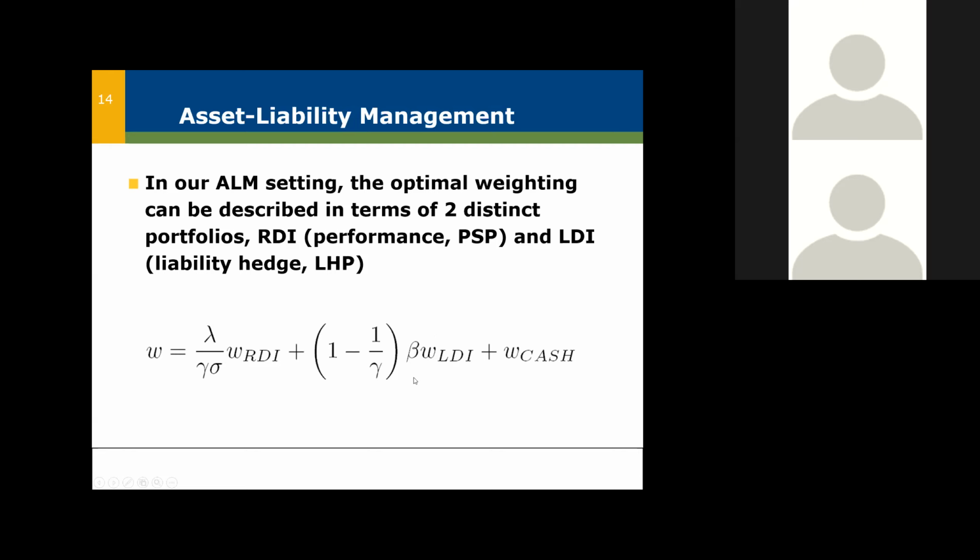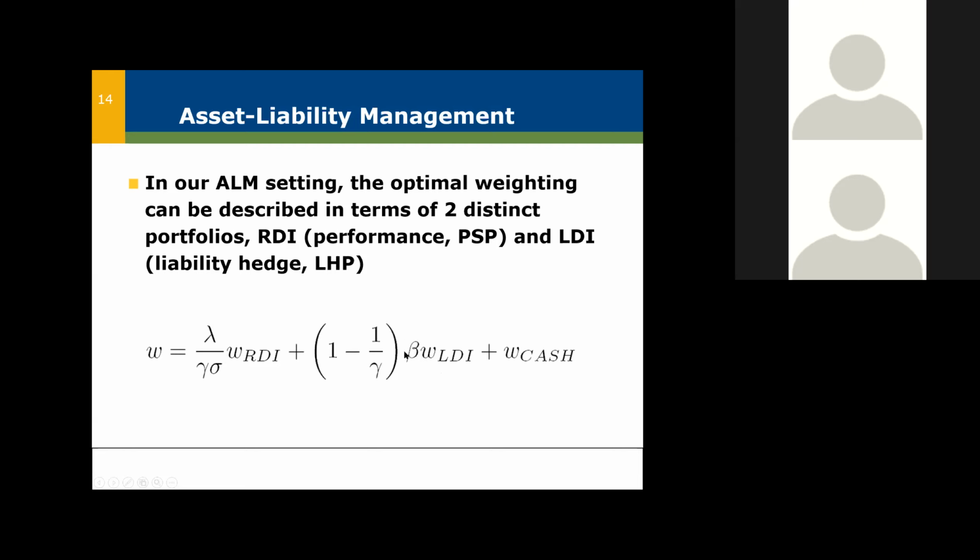Since the liabilities are a very high duration bond, if you have liabilities of 30-year duration and a bond of 15-year duration, the liabilities have twice the volatility of the bonds. The duration is proportional to the volatility, so if the liabilities are twice the duration, then this beta is going to be 2.